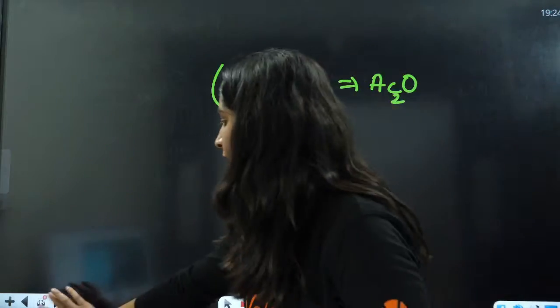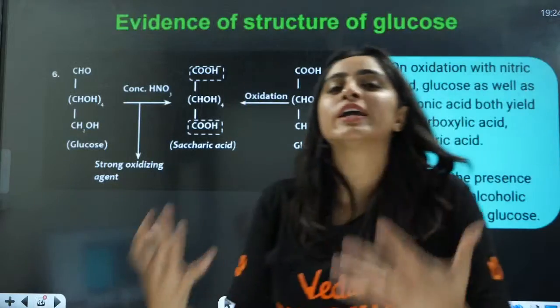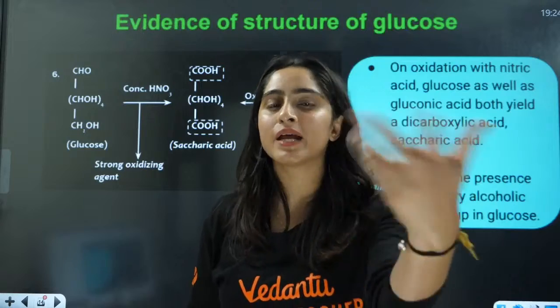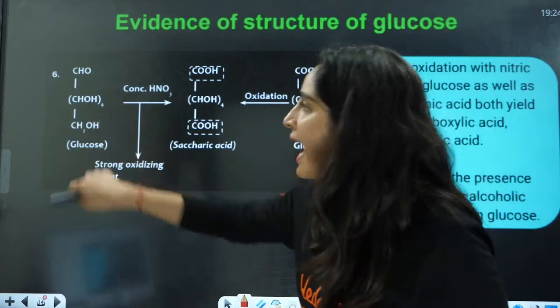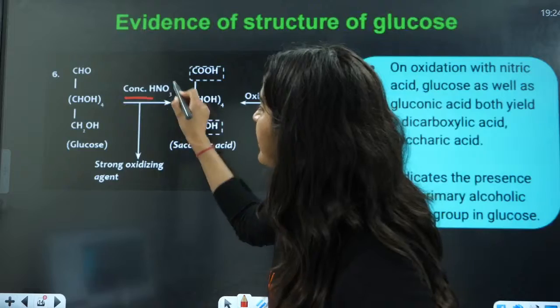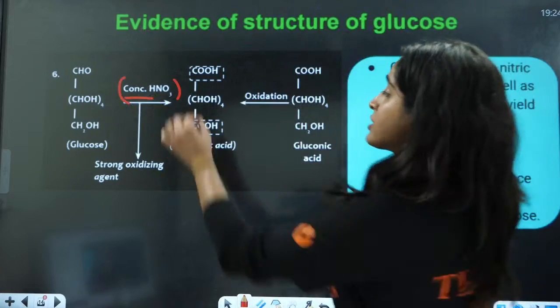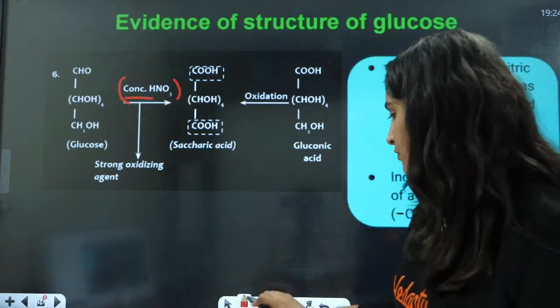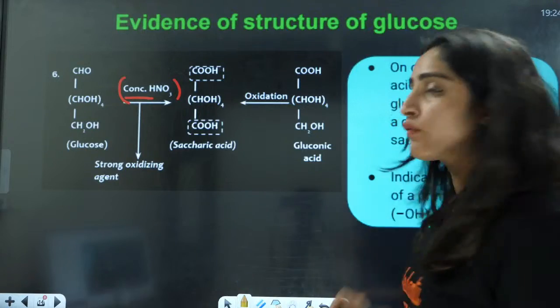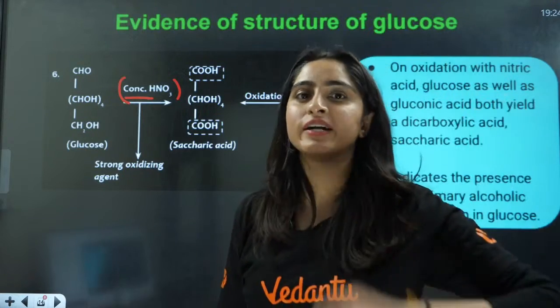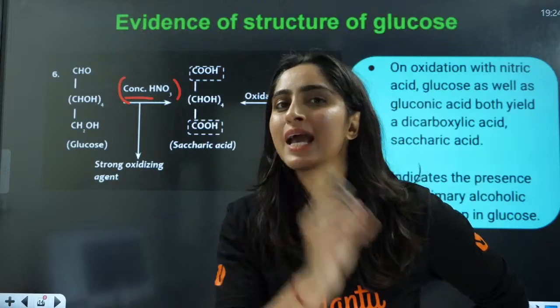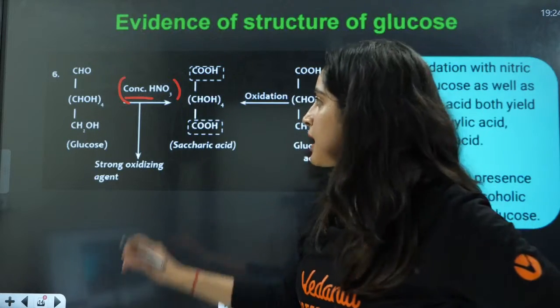Now, next is how do we define how many are primary and how many are secondary? Now, react this glucose with concentrated HNO3. With concentrated HNO3, what will you observe? Only the primary alcohol is oxidized here, right?